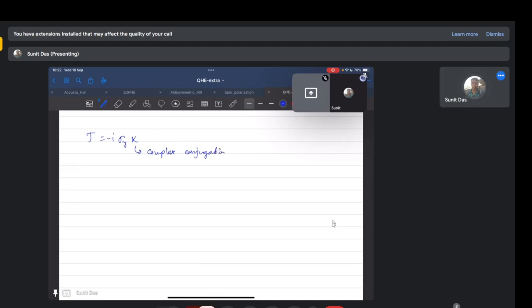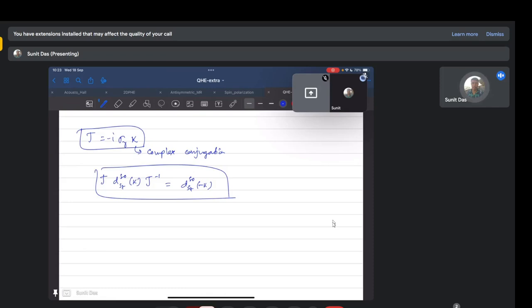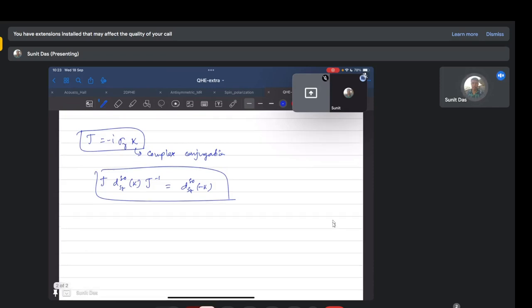If we take the time reversal operator of this form, then d_SO s_z of k, and then the inverse time reversal operator, we will see that it is actually d_SO s_z of minus k. Since this is valid, the Kane-Mele term preserves time reversal symmetry.